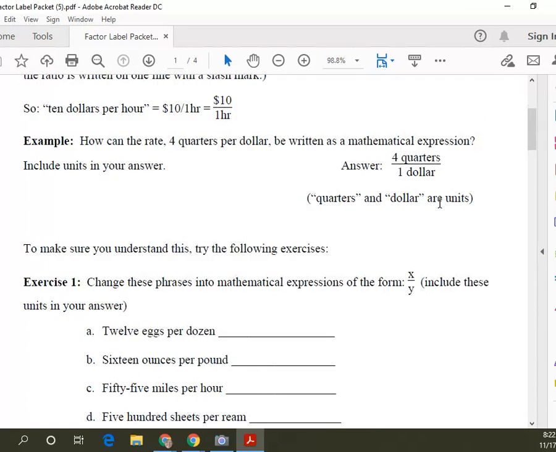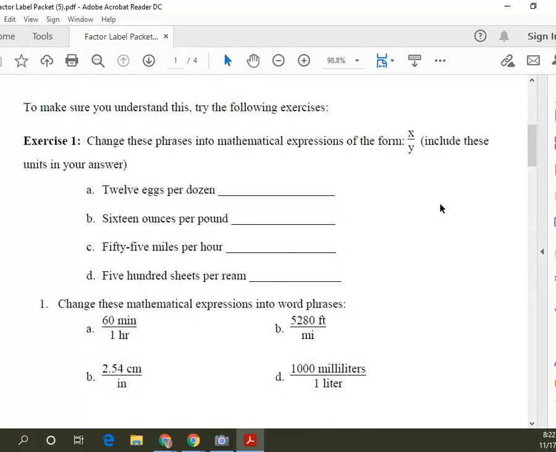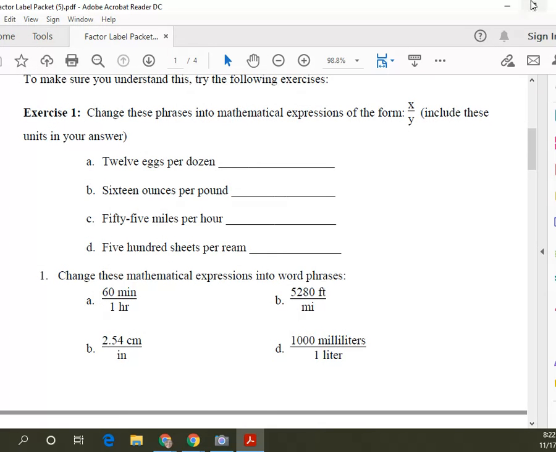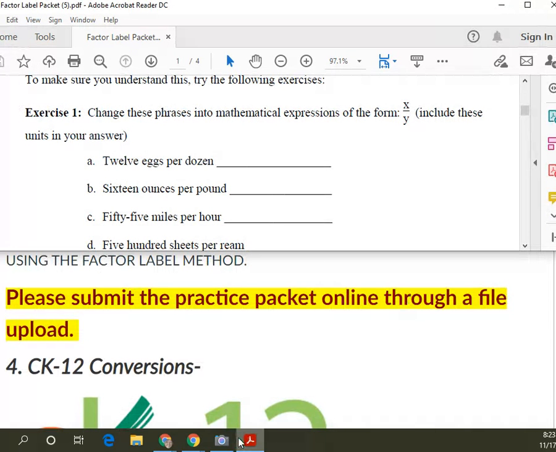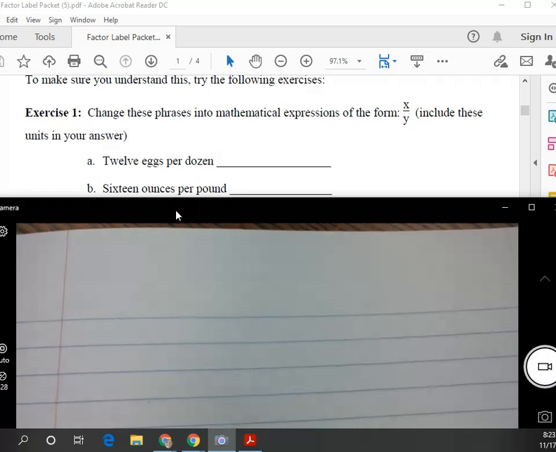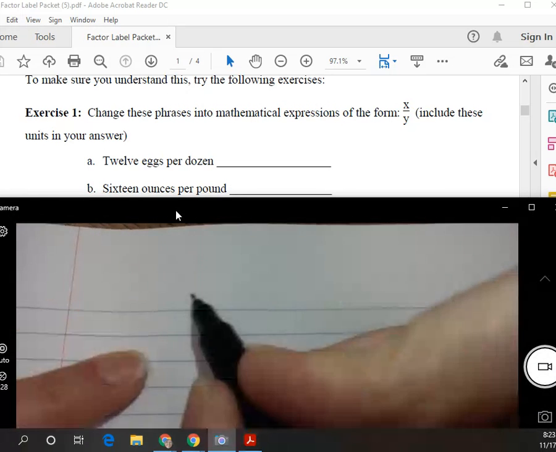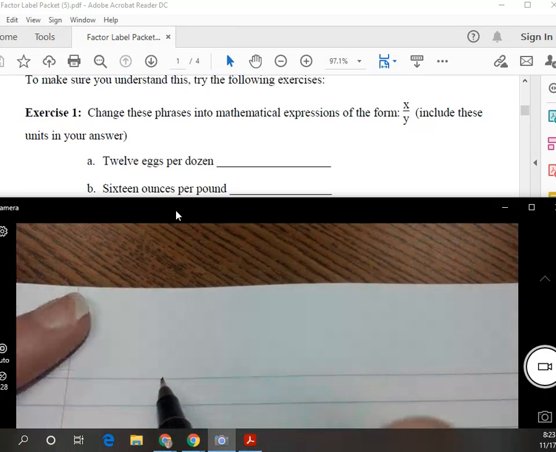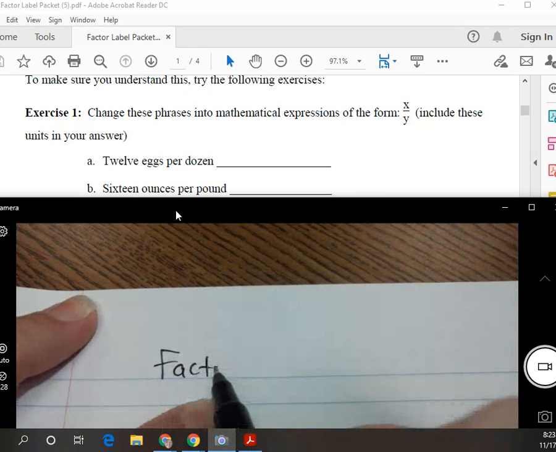All right, so let's go ahead and look at this exercise 1 together. I'll pull up the camera and show you what I'm doing in my notebook, because we want to make sure that our notebook is useful for when we do have a quiz. We'll start here. I'm going to title this page Factor Label Method.